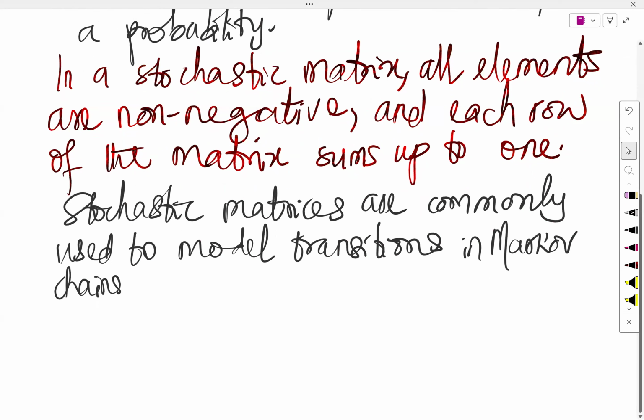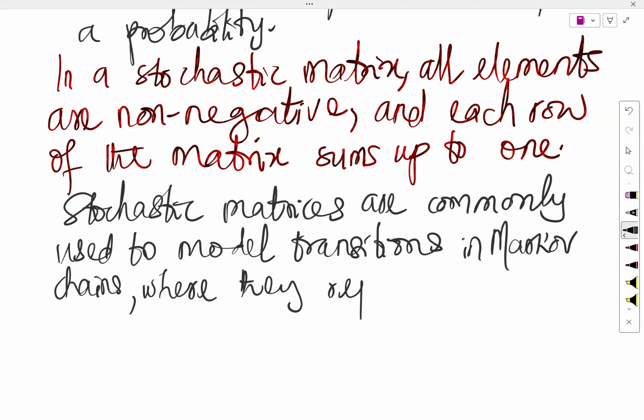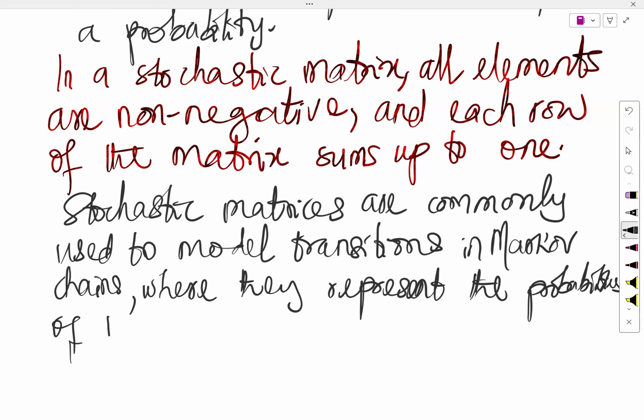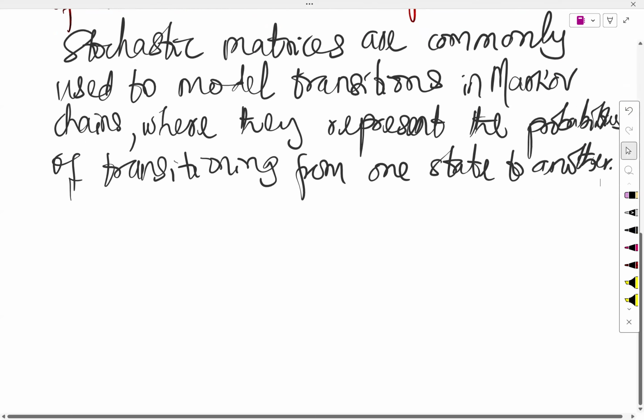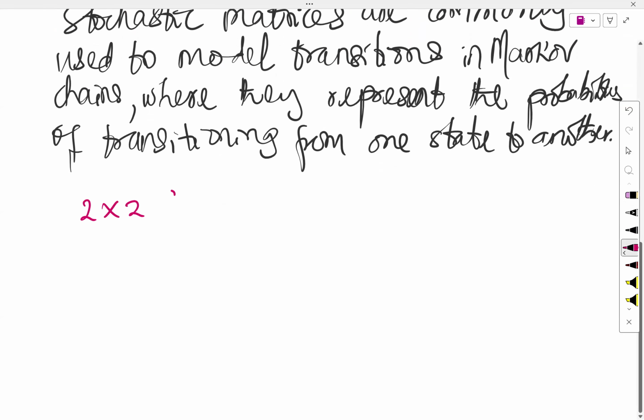So they model transitions in Markov chains, where they represent the probabilities of transitioning from one state to another.